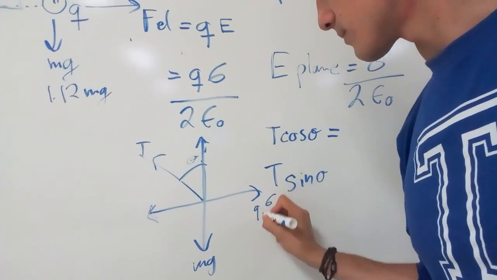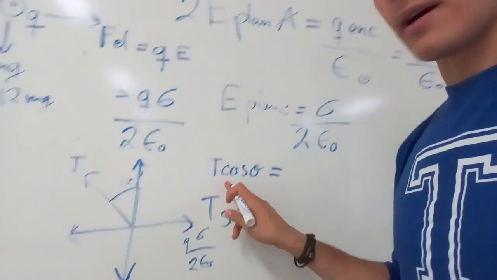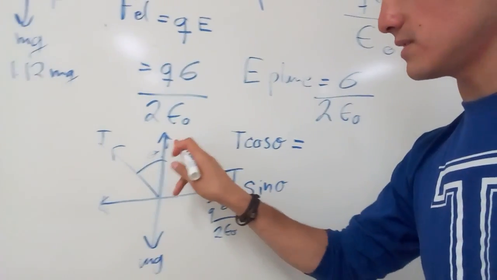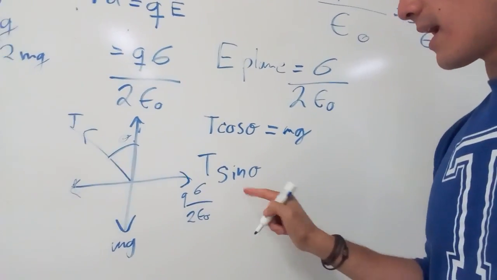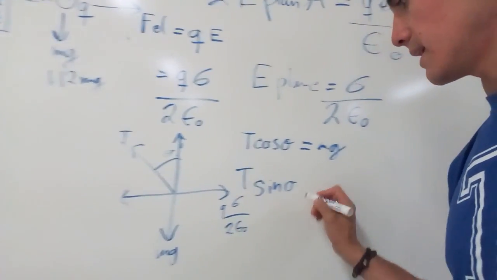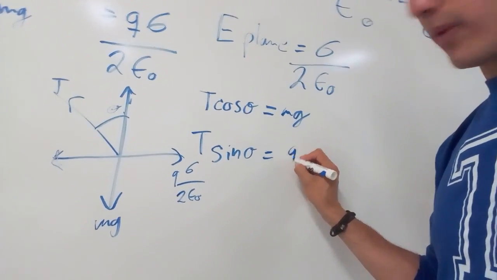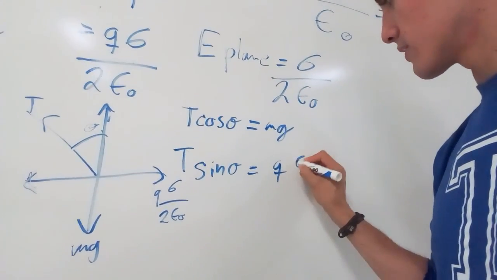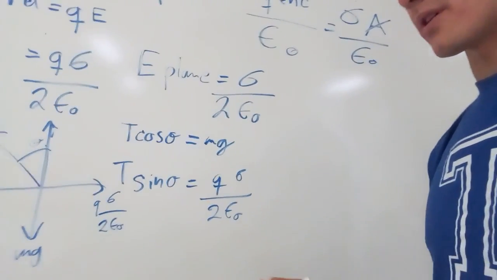So the cosine, that is this one, will be equal to mass times the gravity, and this one, that is the sine, will be equal to our charge times density over 2 times our constant.